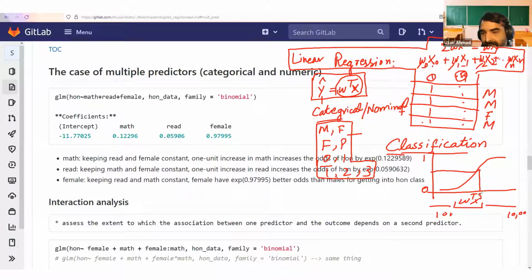So for a value here, 500, the corresponding value will be 0.5 using this function. Are you interested in learning this function that converts your linear regression solution, a linear combination, into a classification solution? If you have any question till now, please ask. Any doubts?